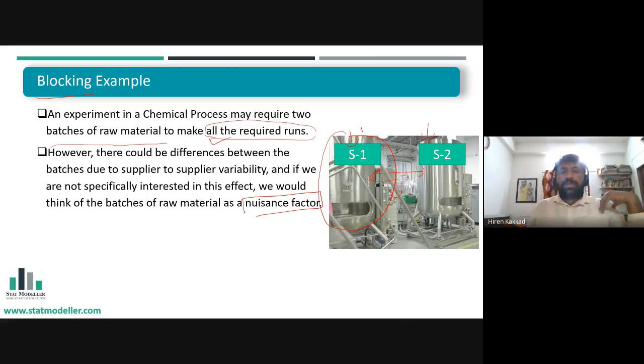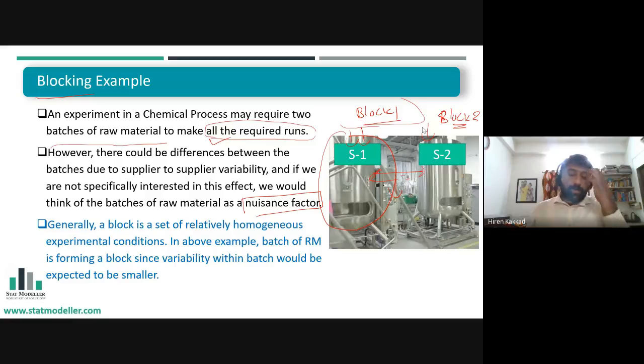Supplier one can be block one, and supplier two can be block two. To eliminate this effect, I have to declare block one and block two, and design the experiment in such a way that I have the information about the block, because in analysis I need to eliminate it. That is why we use blocking theory.